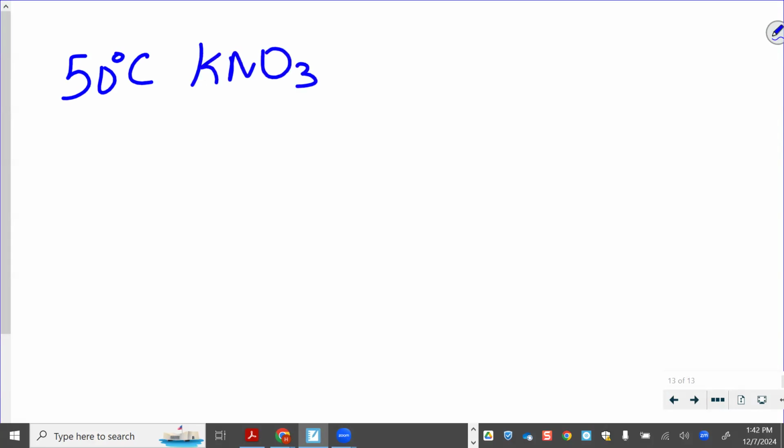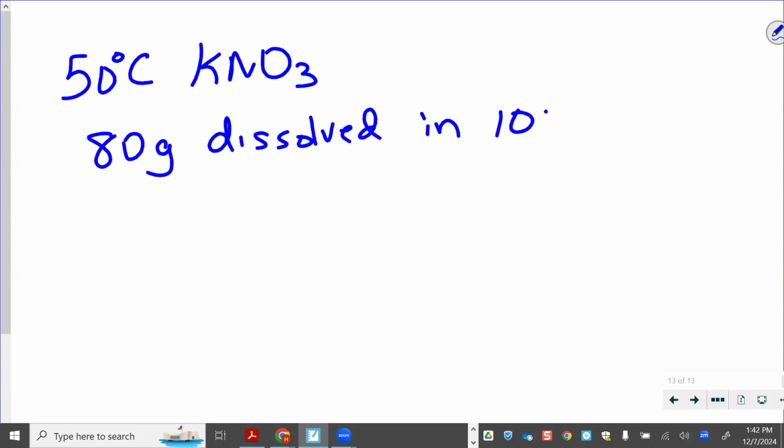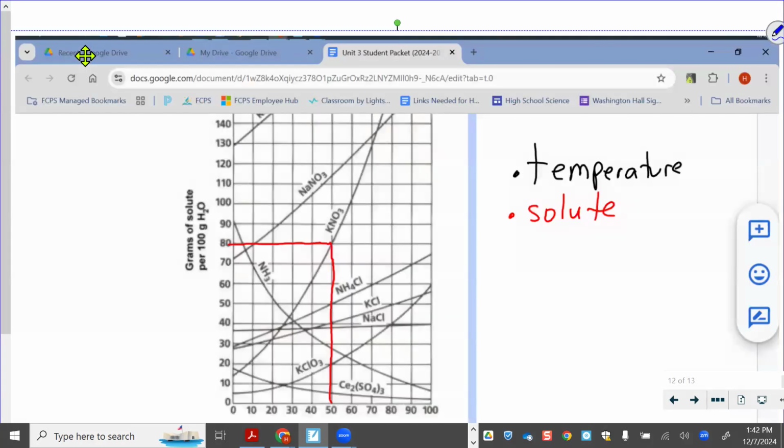There is 80 grams dissolved in 100 grams of water. That's the facts we have there. At 50 degrees, KNO3, 80 grams of solute dissolved.